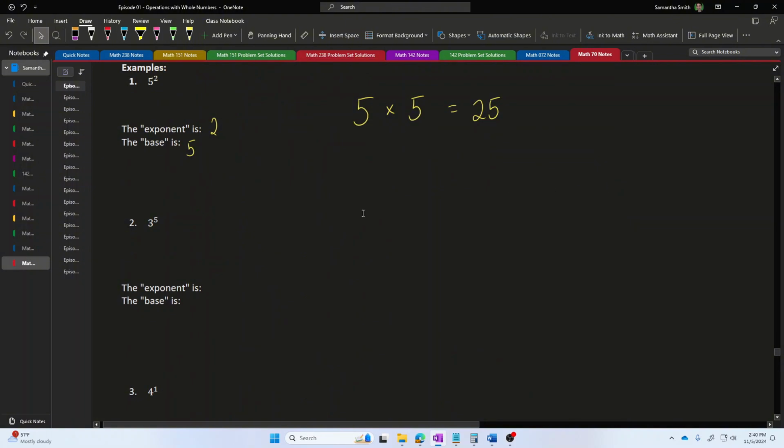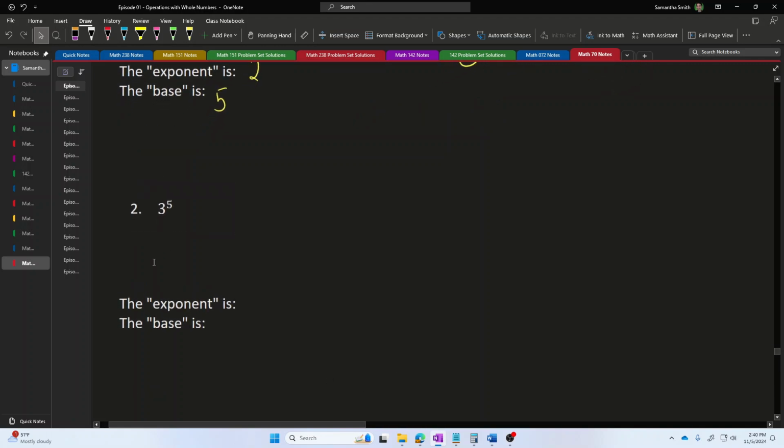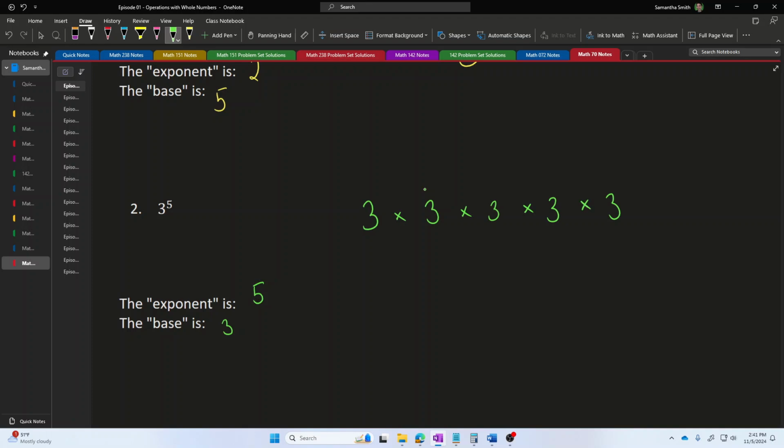Let's do a few more examples of exponents written symbolically. If I have 3 as my large number and 5 as the small number in the corner, here the exponent would be the number in the corner, 5, and the base would be the large number, 3. So this number would be asking me to take 5 copies of the base and multiply them together.